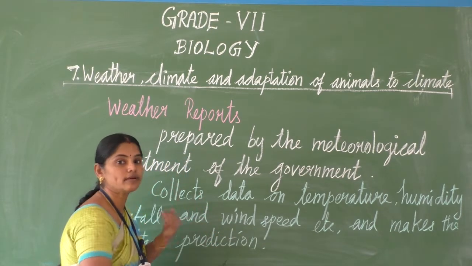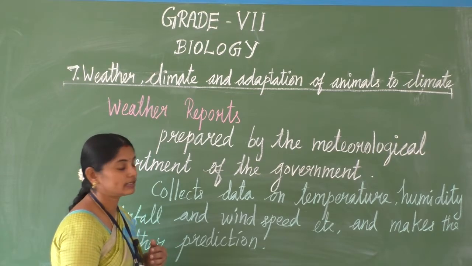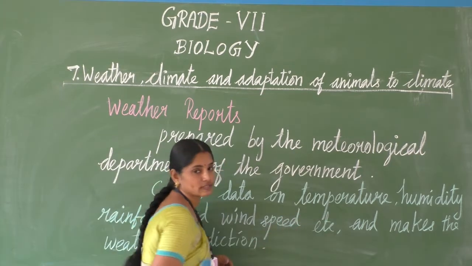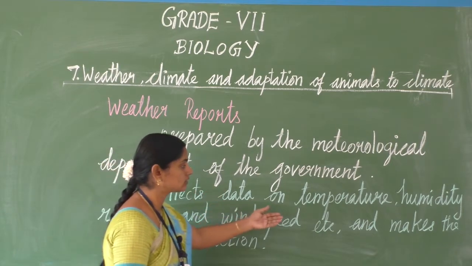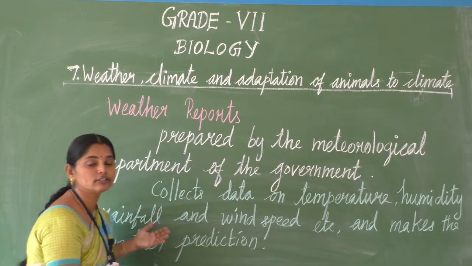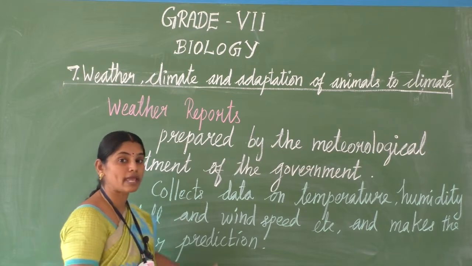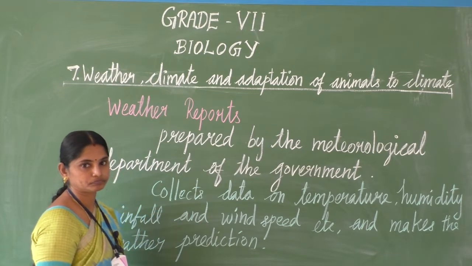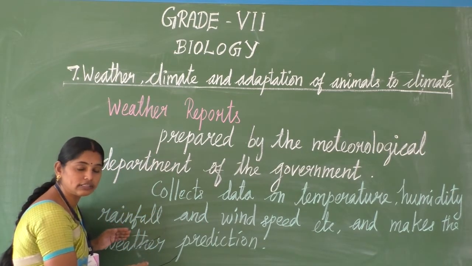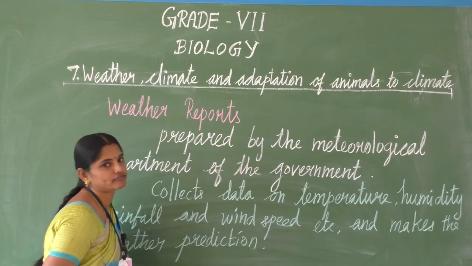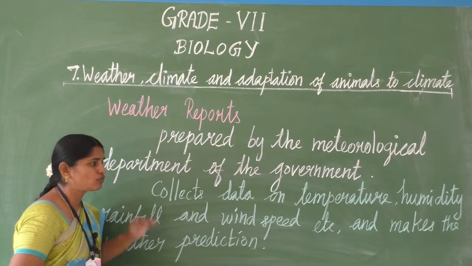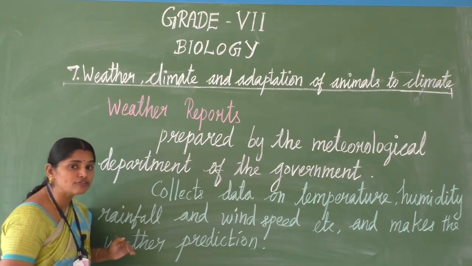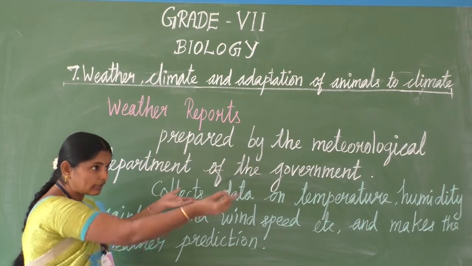The day-to-day changes in the weather depend upon these parameters. So many parameters are there. Among them, temperature, humidity, wind speed and rainfall play an important role, so we call these the elements of weather.